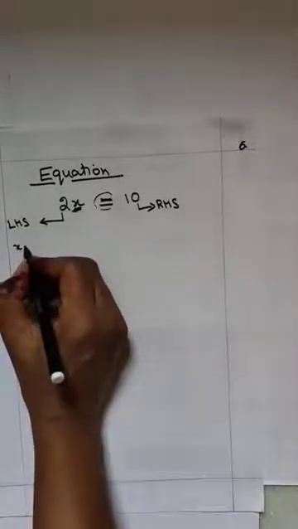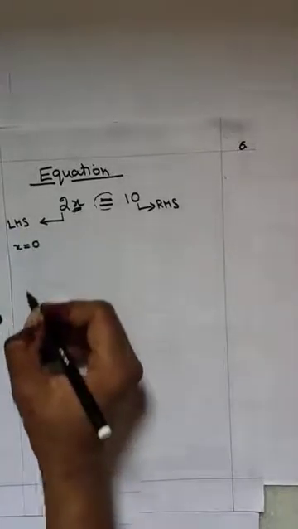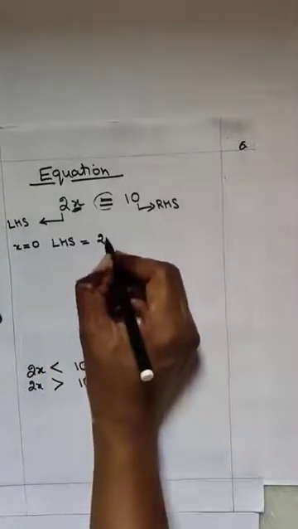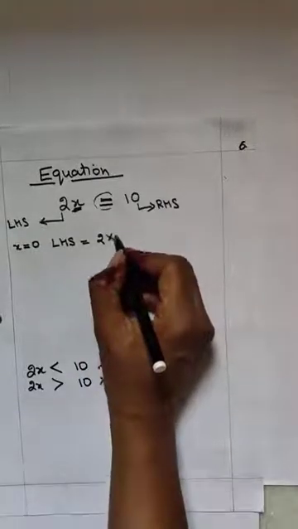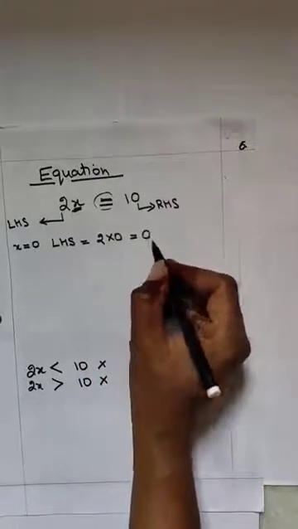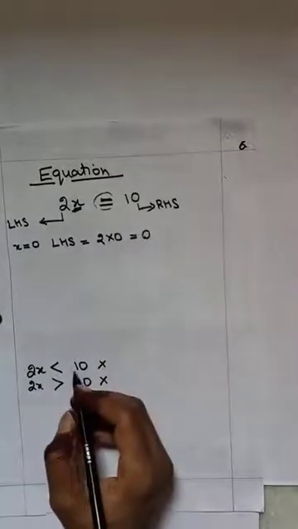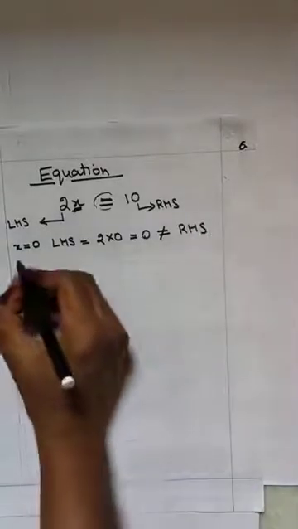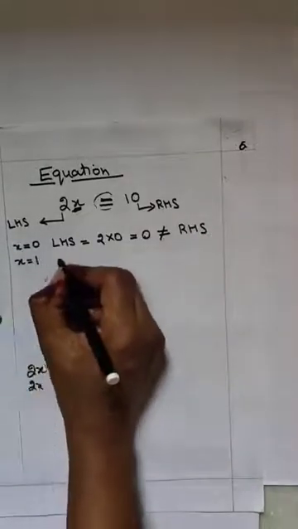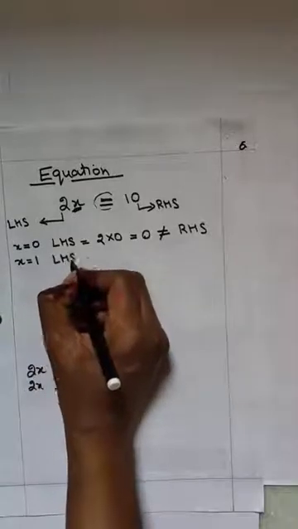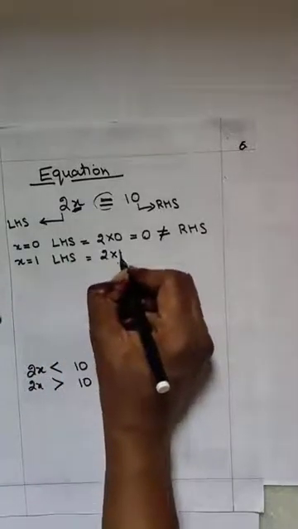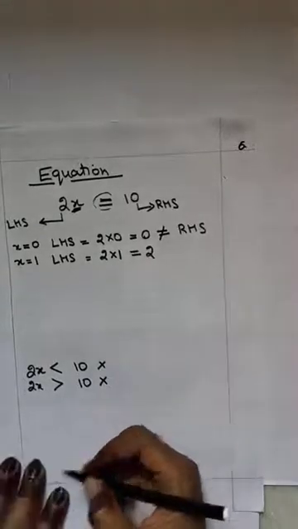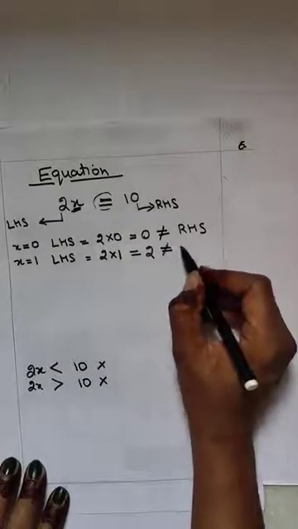Now suppose we take x equal to 0. Left hand side is 2 multiplied by 0, which is equal to 0. Is 0 equal to the right hand side? No, it is not equal to RHS. Now take x equal to 1. Left hand side is 2 multiplied by 1, which is equal to 2. Again this is not equal to the right hand side.